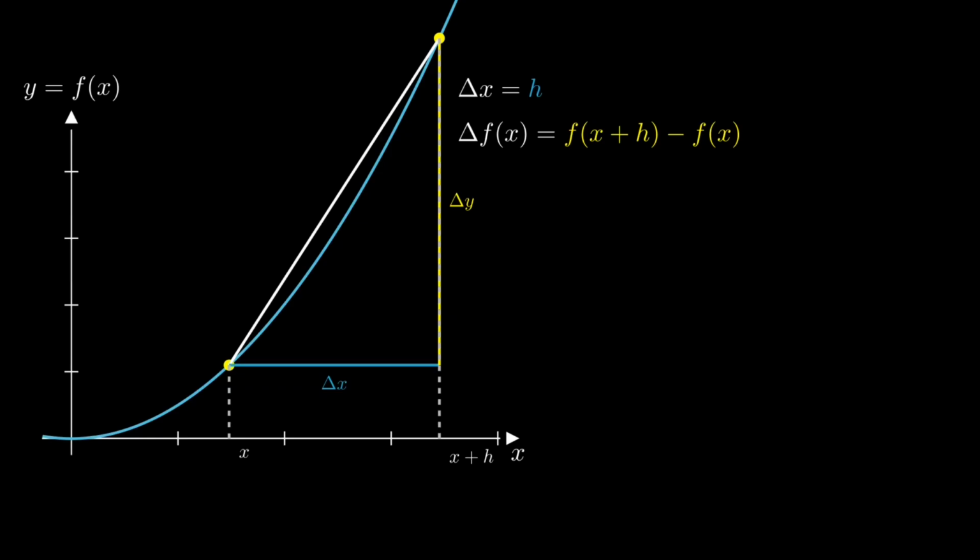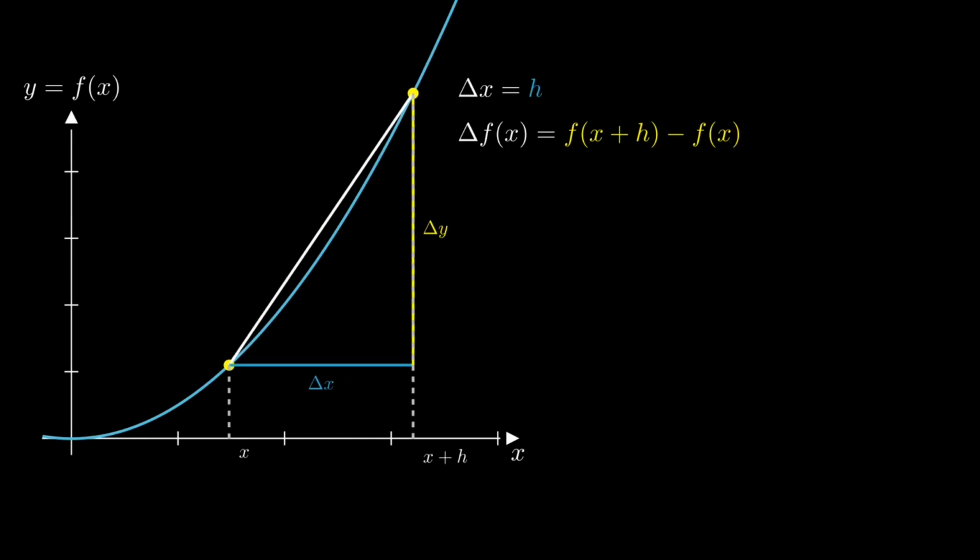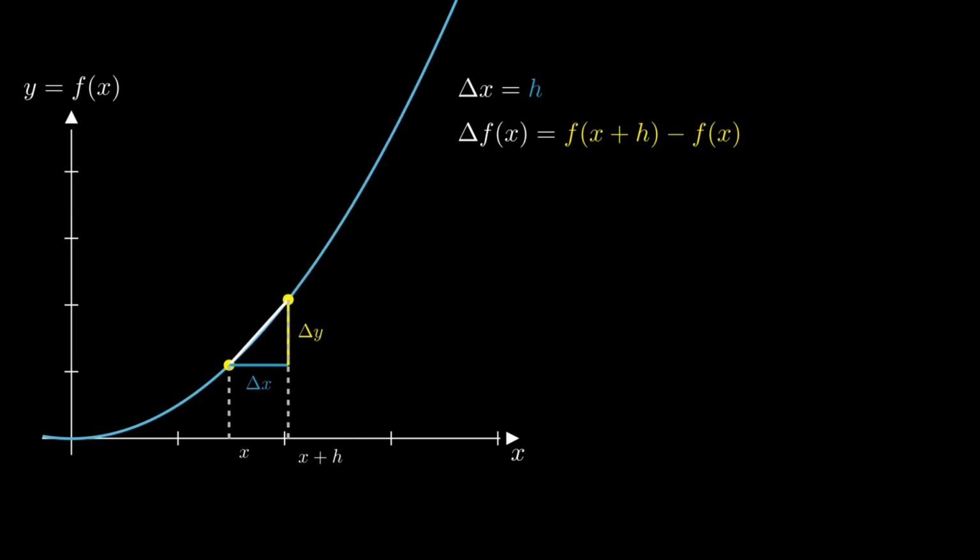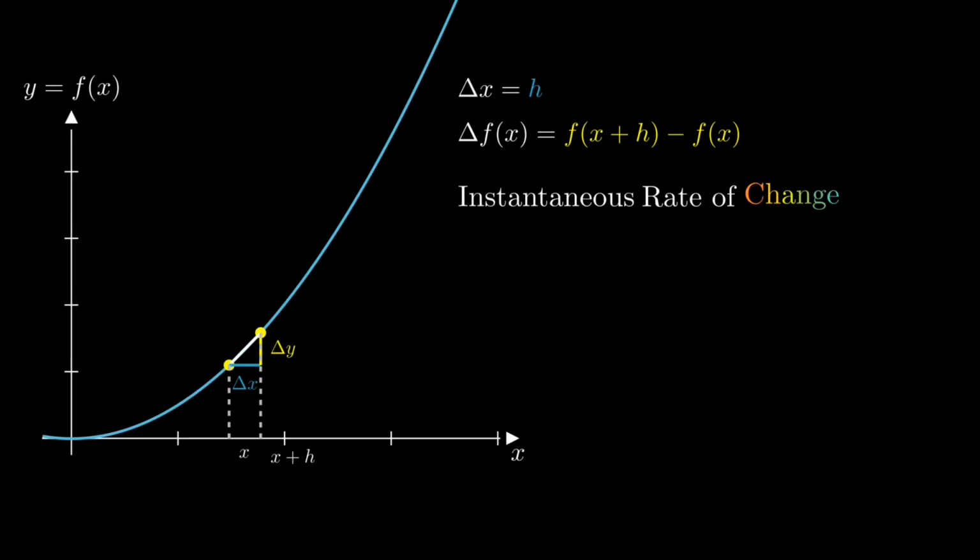Now, what we want to know is the rate at which the function changes when h is infinitesimally small. So as we keep shrinking h such that the 2 points get closer and closer, we end up with what we call the derivative, that is, the instantaneous rate of change of a function at a point.